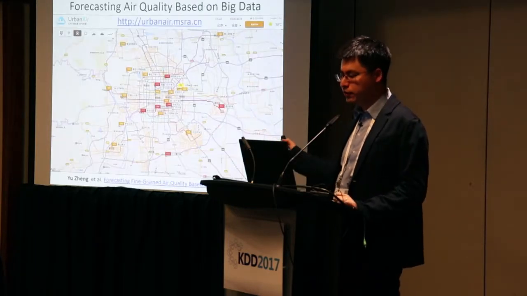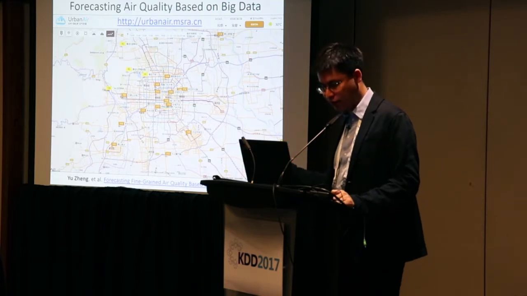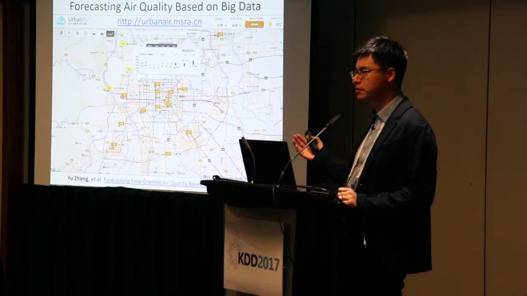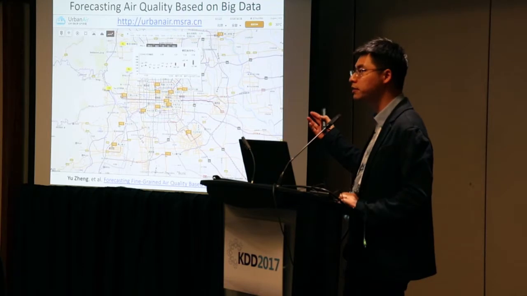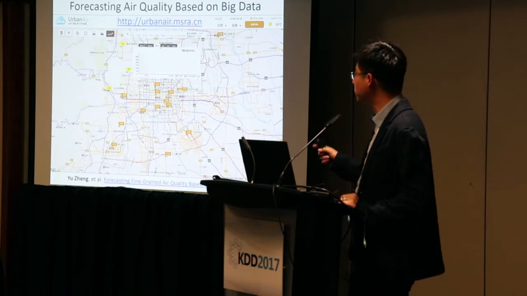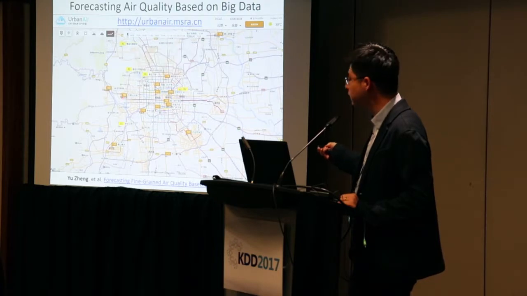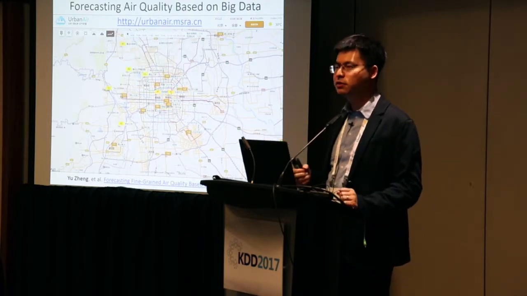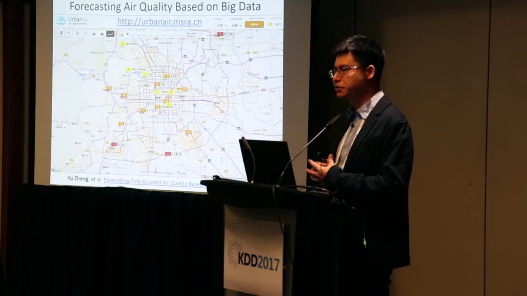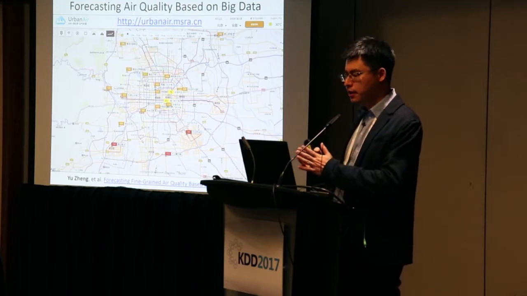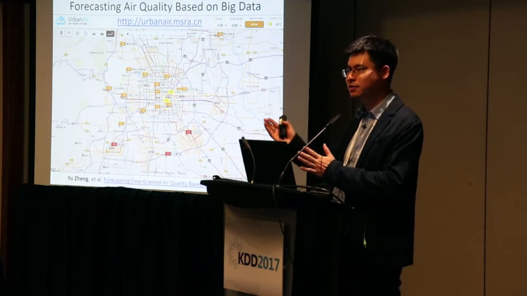This is a system we deployed with the Chinese Ministry of Environmental Protection in stage 2 in 2016, last year. You can see the prediction of any location over the next 48 hours. I emphasize it's a fine-grained prediction. Fine-grained means it's not saying it's going to be good or not tomorrow.